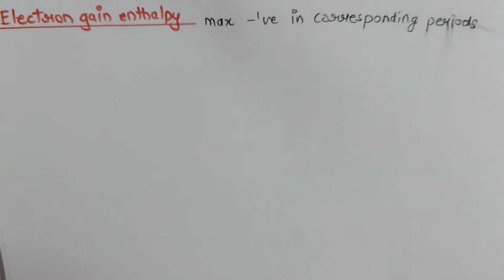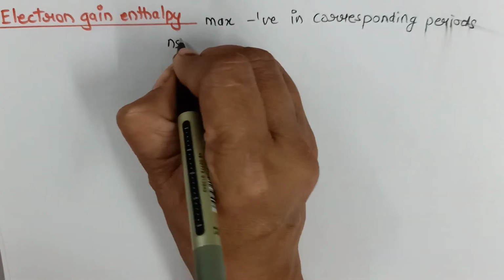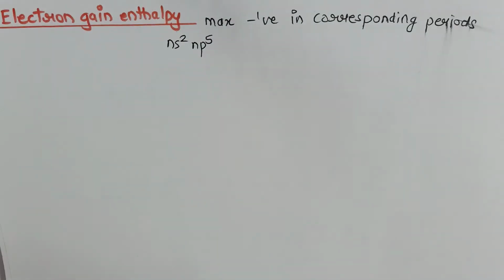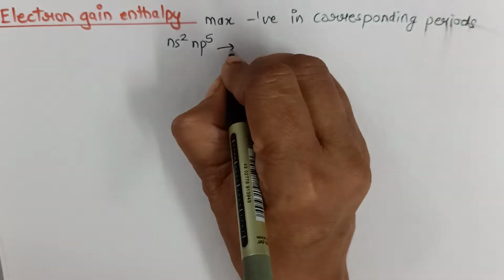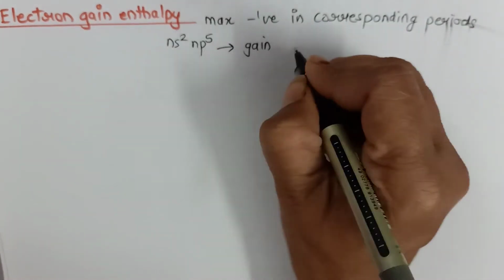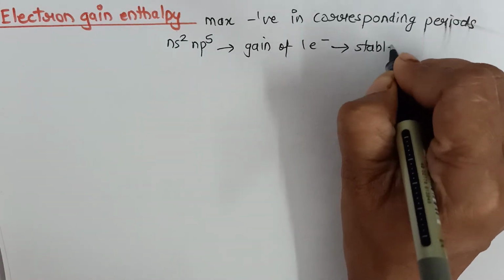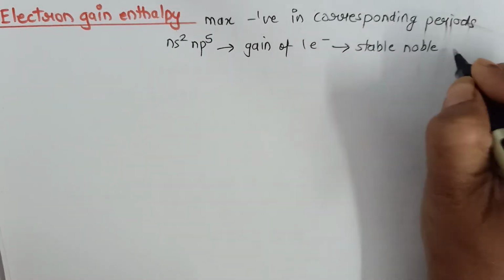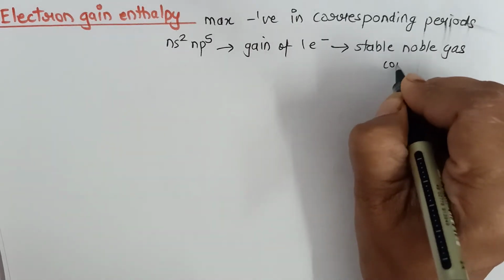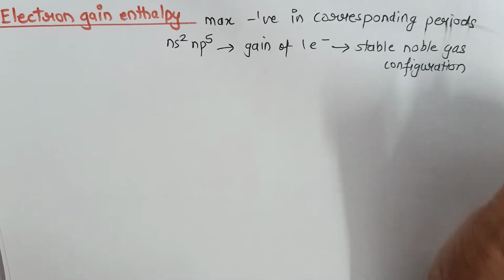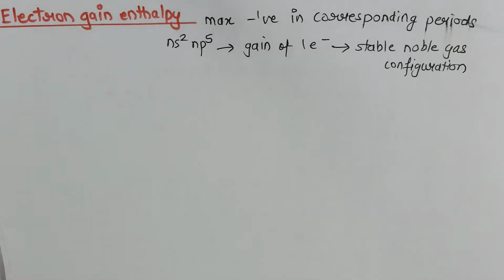This is due to the configuration ns2np5, requiring only one electron, and gaining only one electron will give them a stable noble gas configuration, and therefore their electron gain enthalpy is maximum negative.